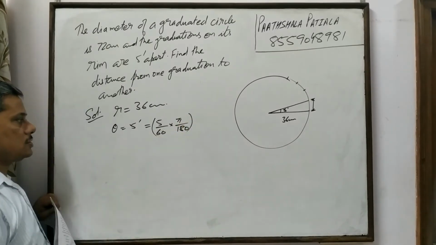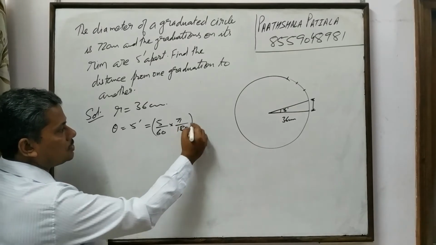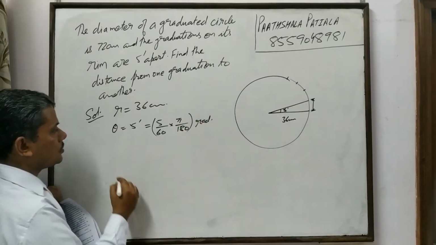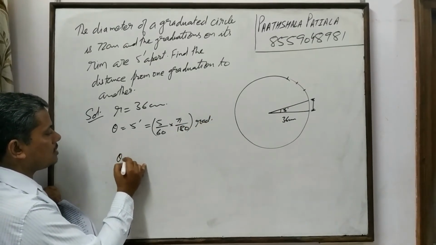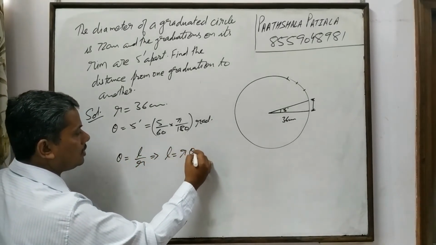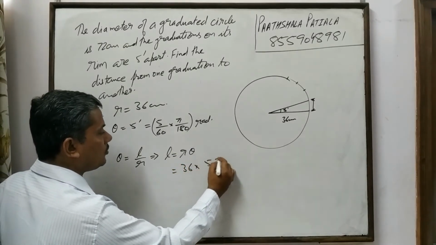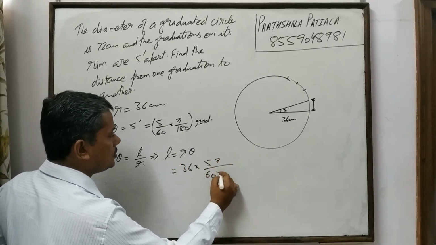That is your radians. Theta is equal to 5 minutes is equal to this much radians. Now use the formula. Theta is equal to L upon R, or L is equal to R theta is equal to 36 multiplied by 5 pi upon 60 into 180.